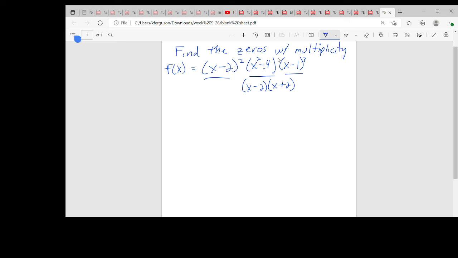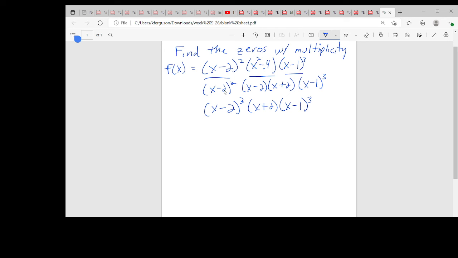Does everybody follow what I'm saying? I can factor that. So now if I rewrite this, it's going to be x minus 2 to the third power times x plus 2 times x minus 1 to the third power.